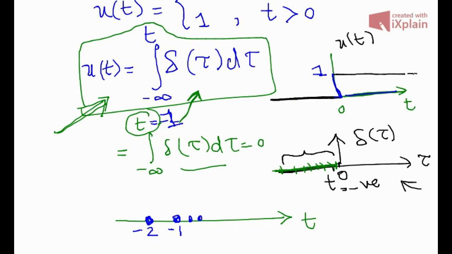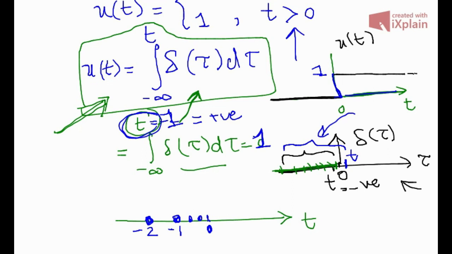But as soon as t becomes a small positive value, some value greater than 0, maybe 0.001, whatever it is, the integral has passed the 0 point, and then the integral has value 1.